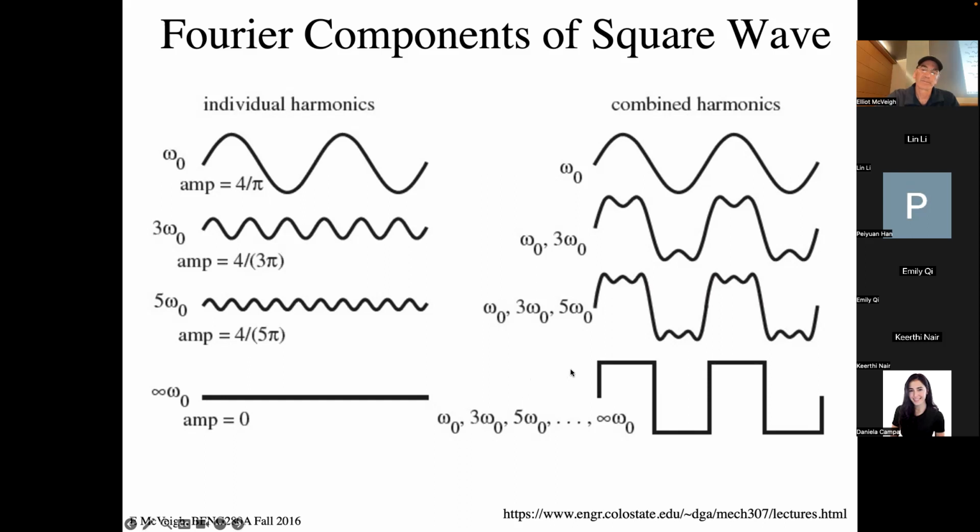And then we perform the integral again at a higher frequency, we change the k value, do the integral again, and we get another coefficient, which is 4 over 3 pi and 4 over 5 pi as the frequency goes up. So these amplitudes are getting smaller as the frequency is going up. And those amplitudes are the Fourier coefficients of this periodic function.